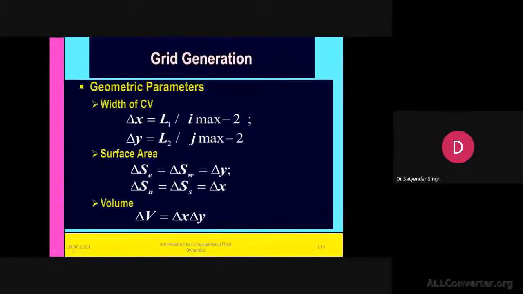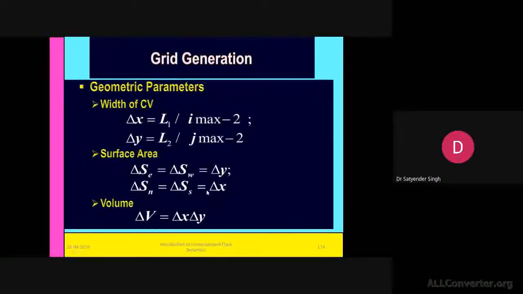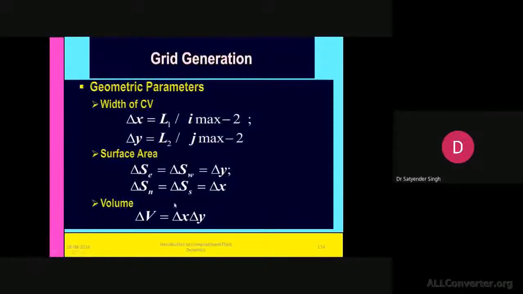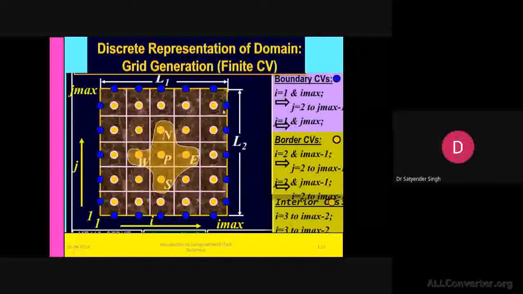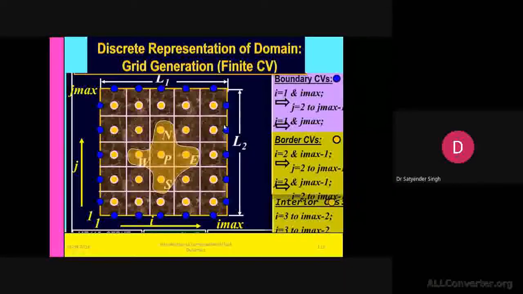It means that if you have a length L, then however many nodes you want, accordingly you can split the whole computational domain into horizontal lines or vertical lines, and you can get the distance between two grid points. Likewise, the surface area will be delta x and delta y, and the volume will be delta x and delta y for a two-dimensional problem.